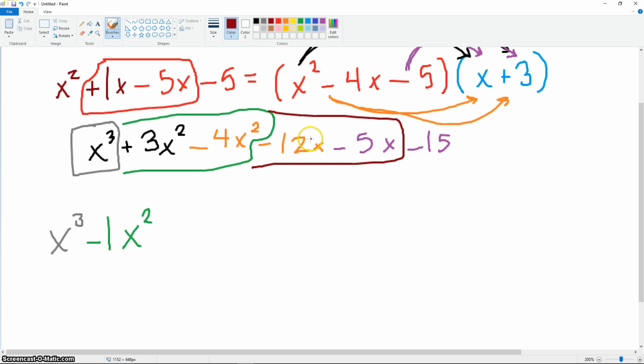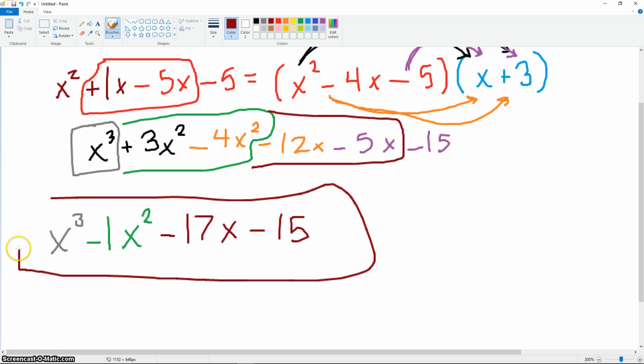So it reads as negative 12 minus 5, and that's negative 17x. And then finally we're left with the minus 15. You don't need to actually write in that 1. I'm going to erase it because it bothers me. So your final answer is x cubed minus x squared minus 17x minus 15.